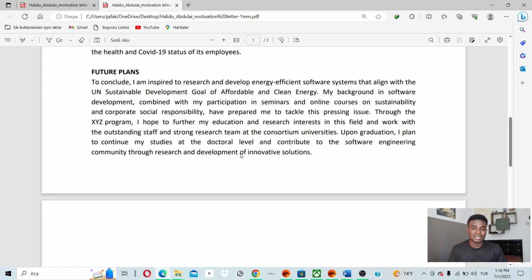Through the XYZ program, I hope to further my education and research interests in this field and work with the outstanding staff and strong research team at the consortium universities. Upon graduation, I plan to continue my studies at the doctoral level and contribute to the software engineering community through research and development of innovative solutions.